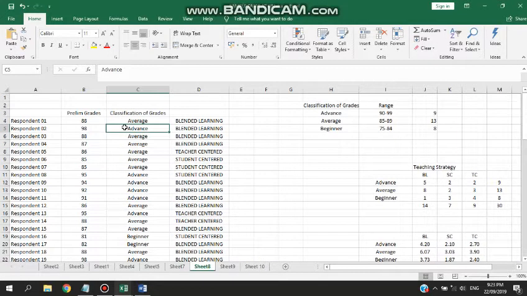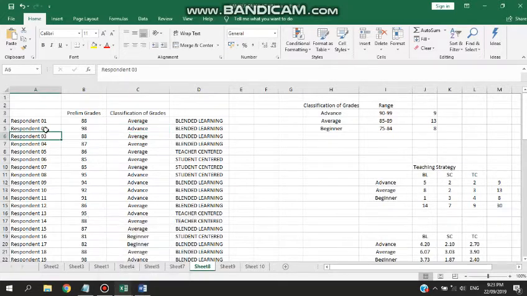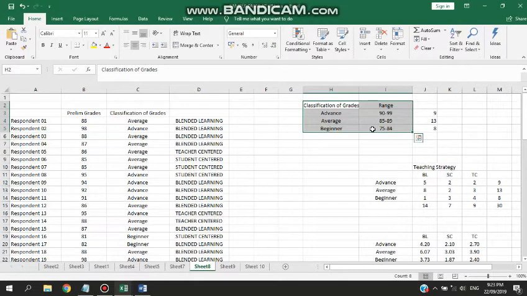So, for you to classify, since again, we're going to convert your continuous variable, which is the academic performance, into categorical variables. Dito papasok si scaling natin. So, we have tatlong classification of grades or performance.